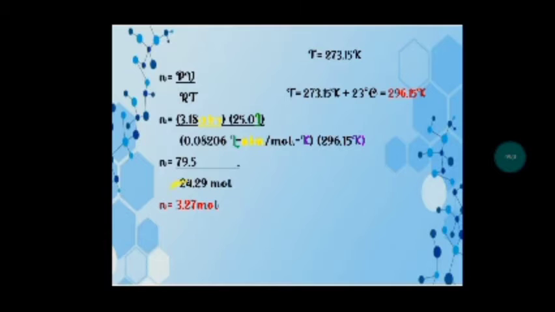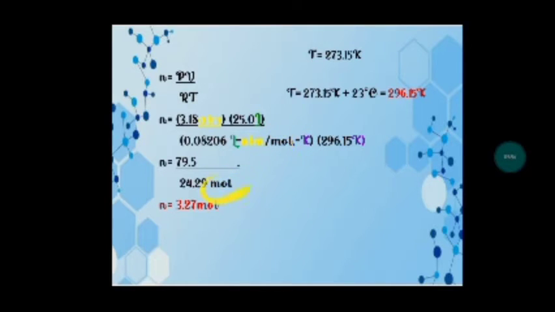Its result is 24.29. And then cancel out the same units, atm and atm, the liters, and the Kelvin also. So the remaining unit is the mole.